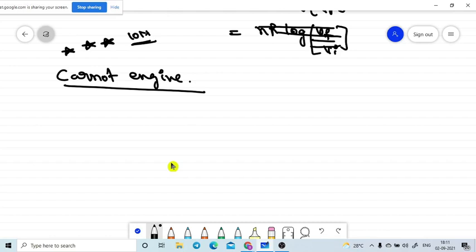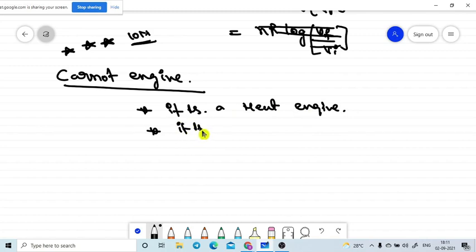It is a heat engine only, but this heat engine is the ideal case heat engine. It is an ideal engine, because an ideal engine will give the maximum efficiency only.